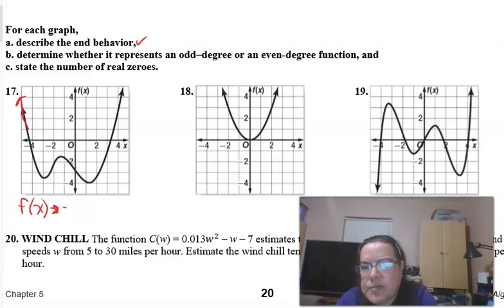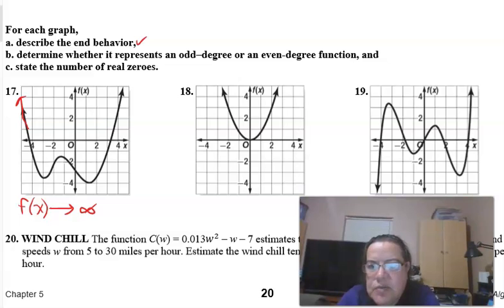Let me make that clearer. Sorry. As it is approaching positive infinity, what is x doing? Well, look at x, it's coming this way, right? And so x would be at negative infinity because it's going -4, -5. So it's coming that way. So x is approaching negative infinity. Now let's look at the end behavior here.